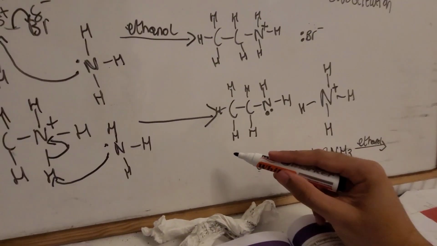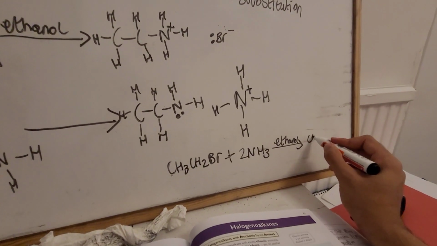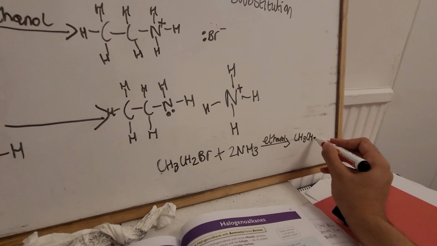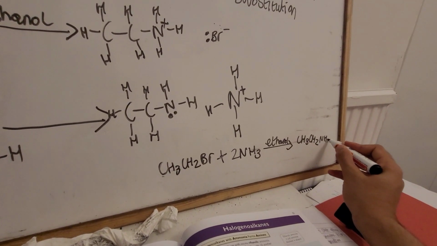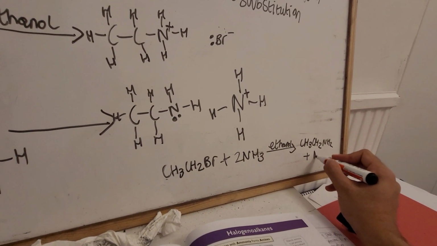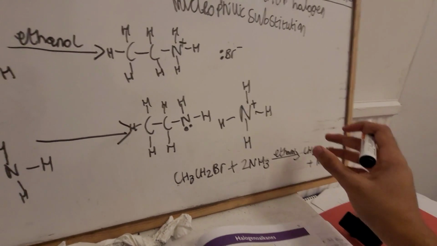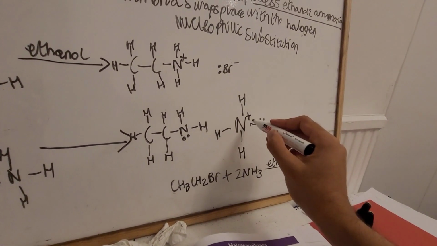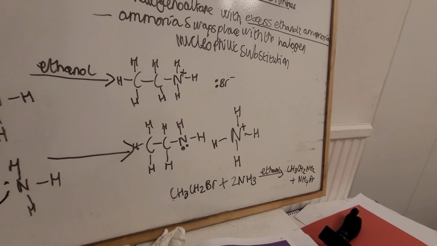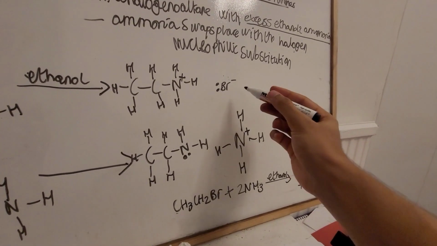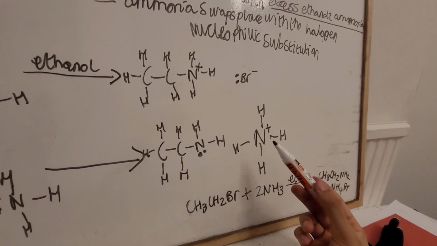And now what do we form? We form CH3CH2NH2 plus NH4Br, because later on the bromine is going to attach to the NH4 because it's positive, it's negative, makes sense, and then you get NH4Br.